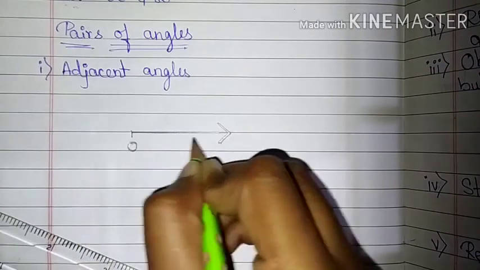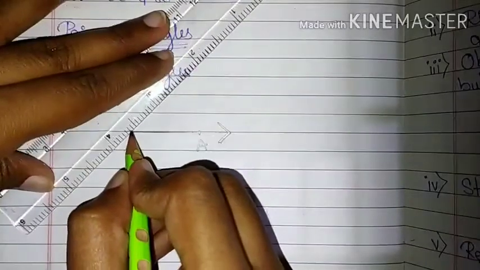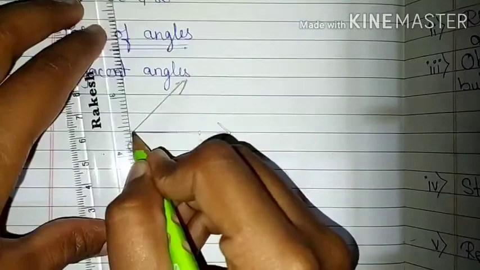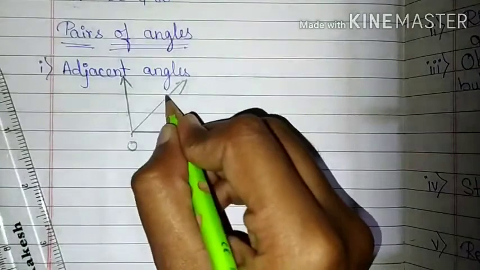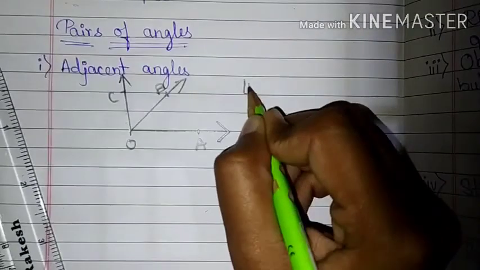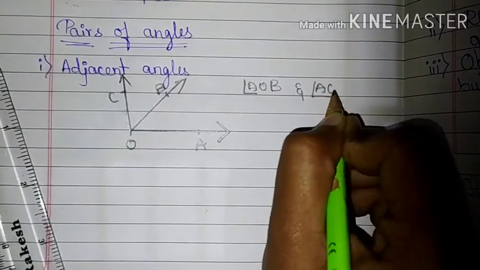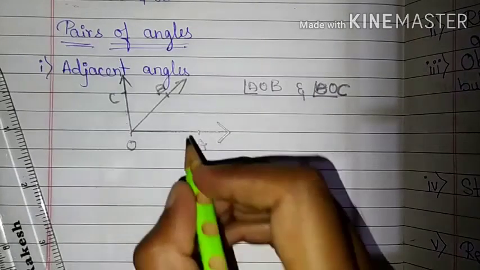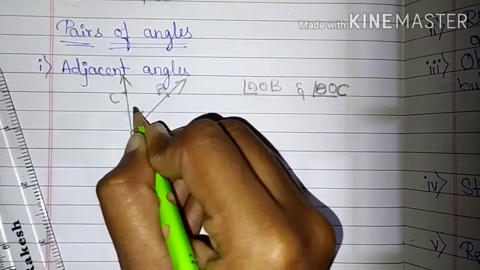Now in adjacent angles, the angles not just share a common point, but they also share a common arm. If you look at the angles here, angle AOB and angle BOC. AOB is the first angle, and the second angle is BOC.